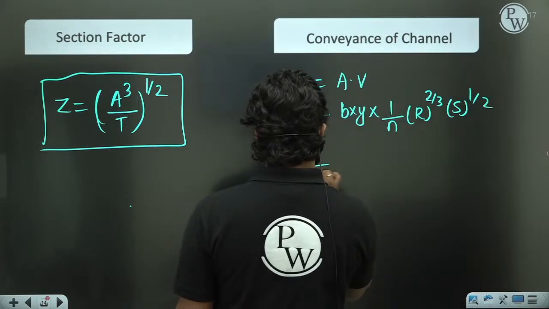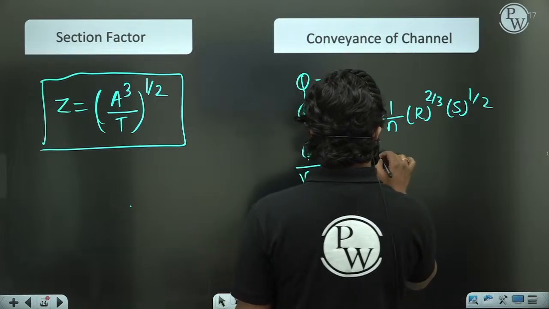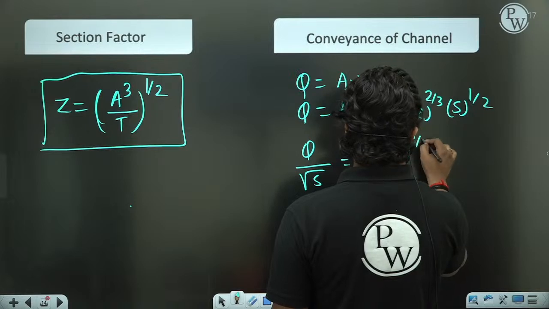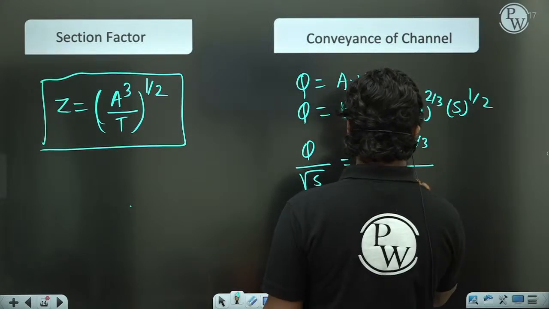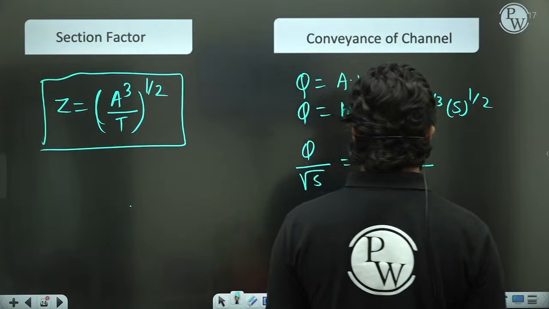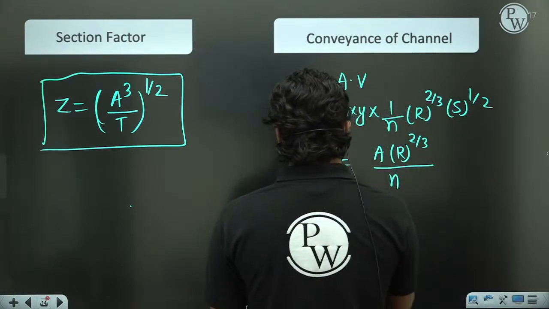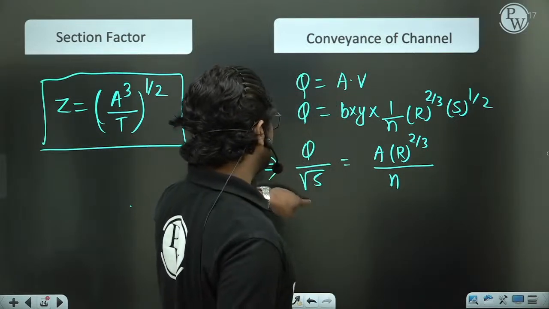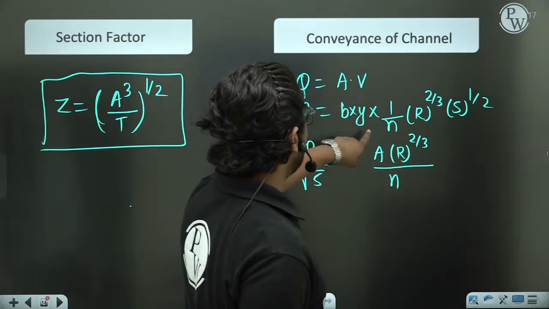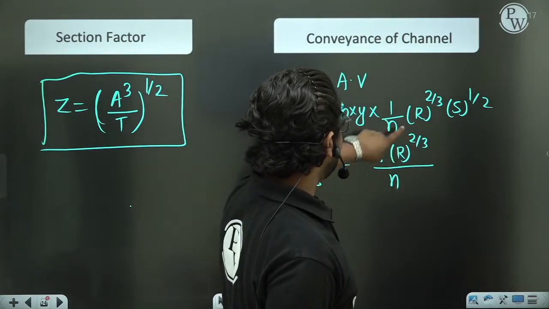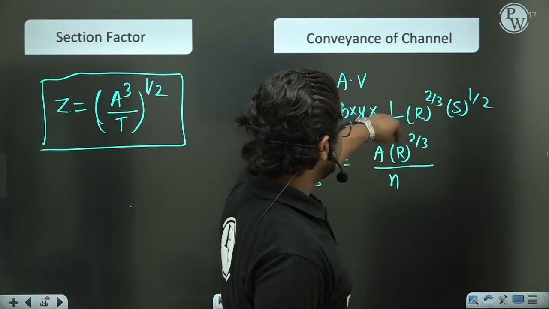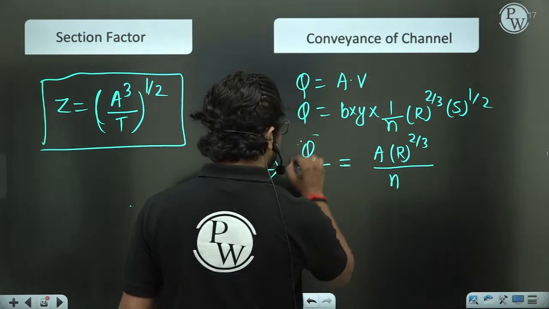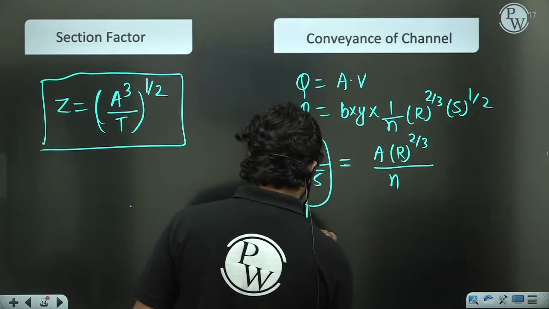So if you write Q divided by root under S, we have area A R to the power 2 by 3 divided by N. In that case, this part we call the convenience of open channel flow.